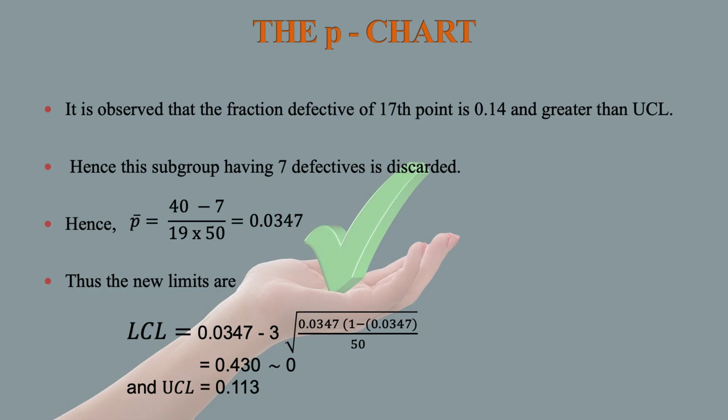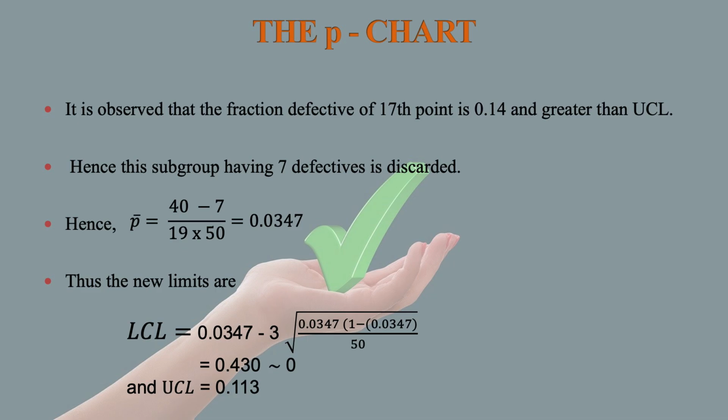Now dear learners, you see the table, you will observe that the fraction defective of the 17th point is 0.14, that is greater than the upper control limit. Hence, this subgroup, that is the 17th sample, that is the 17th point, having 7 defectives, is discarded.